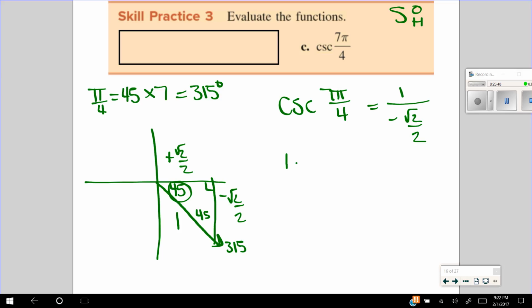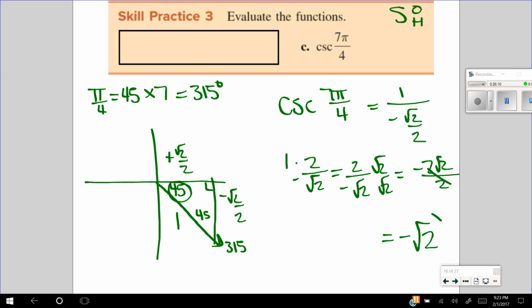So 1 times the reciprocal, 2 over the square root of 2, negative, is 2 over the negative square root of 2. I'm going to rationalize, and I'll get negative 2 root 2 over 2. Well, the 2's drop out, so I just get the negative square root of 2.